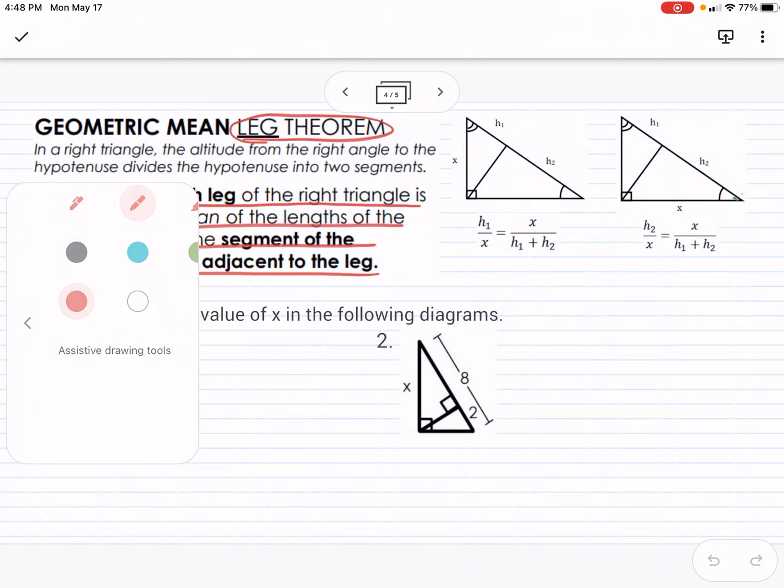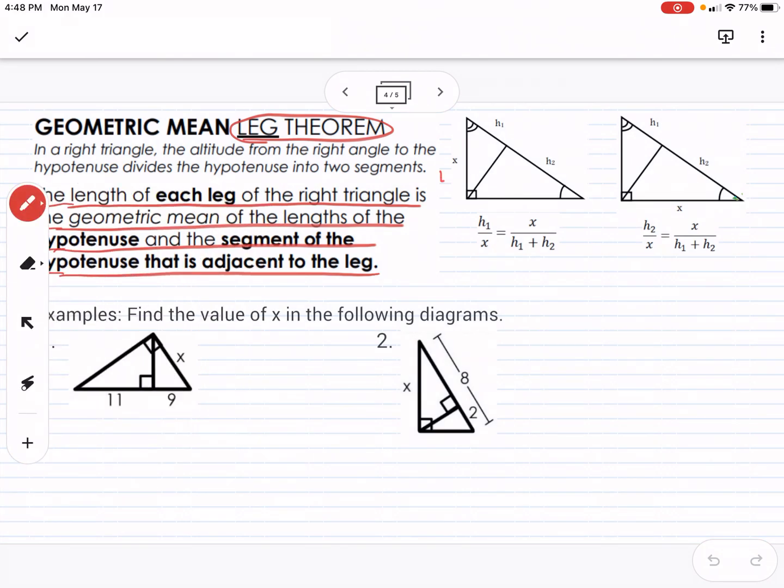Next, we're going to learn about the leg theorem. This works when x is a leg. What you do is you take the piece of the hypotenuse that's touching the leg, so here it would be h1, and you multiply it times the whole hypotenuse, h1 plus h2. Then you square root it.